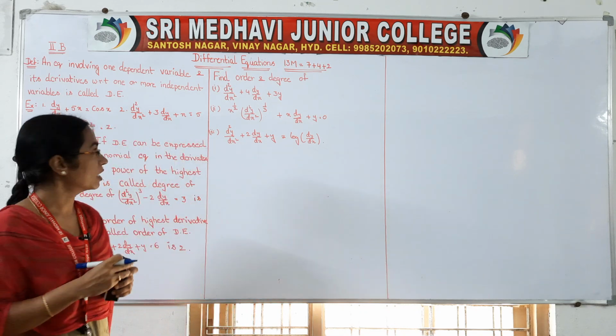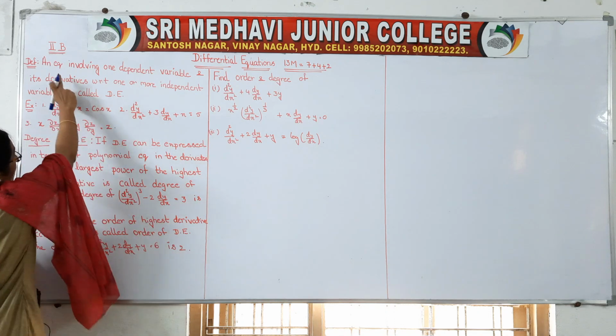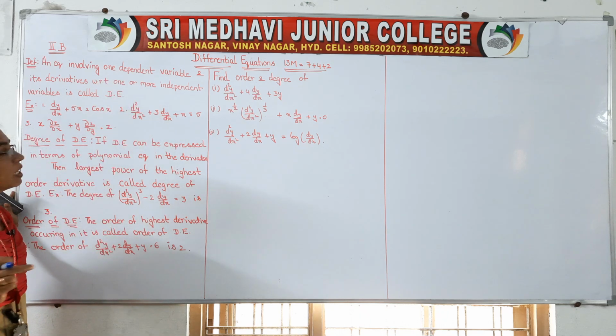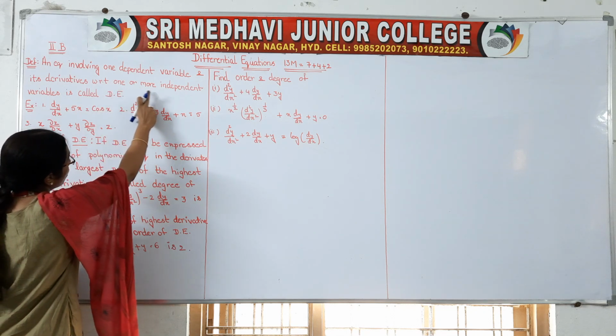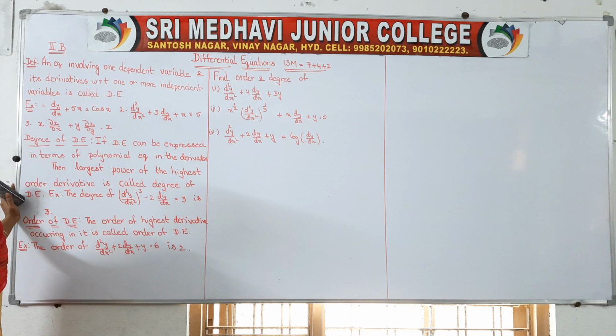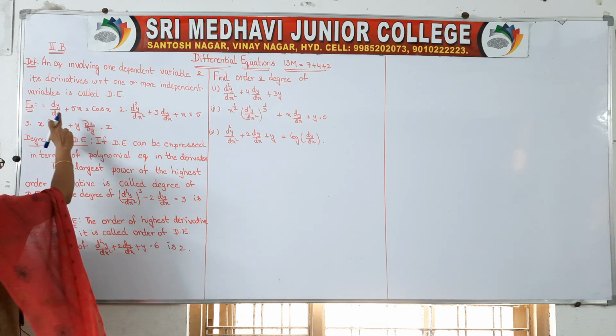Just read the definition: an equation involving one dependent variable and its derivatives with respect to one or more independent variables is called a differential equation. Okay, by taking examples I will explain to you.